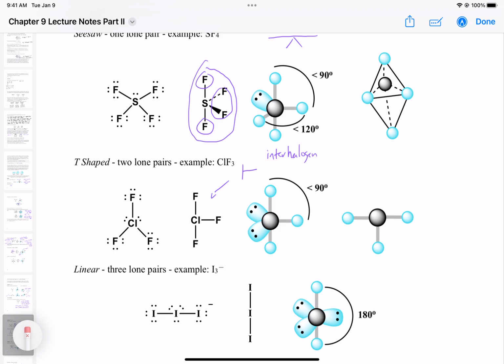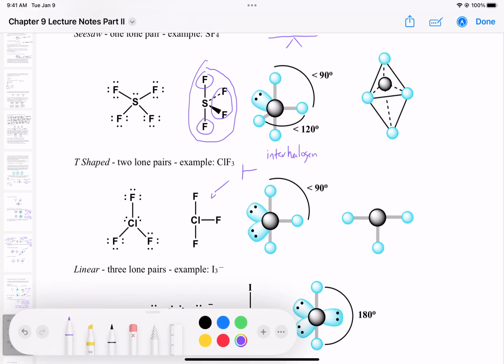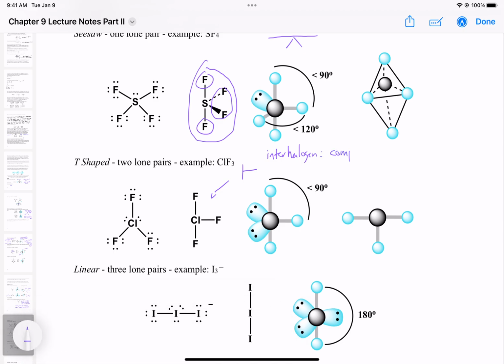So we call this an interhalogen compound composed of 2 different halogen elements, halogen atoms. So it could be 2, it could be 3, but the most common ones are 2. So usually you have a compound with 2 different halogen elements in it.